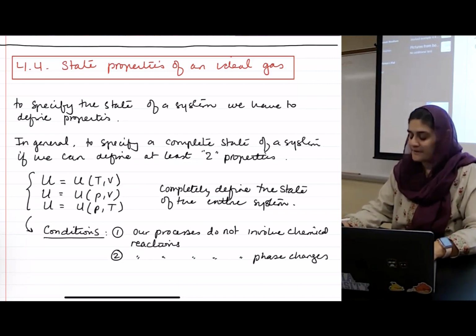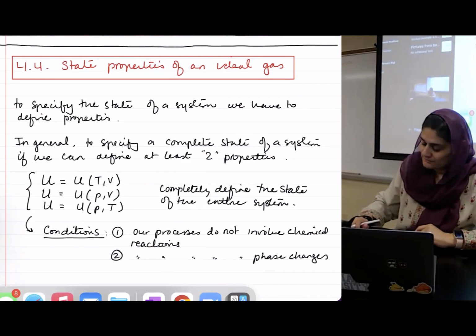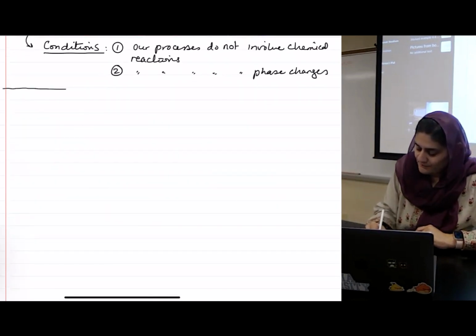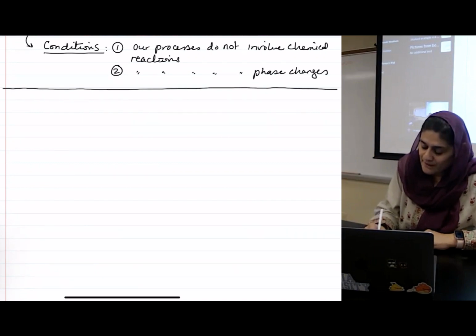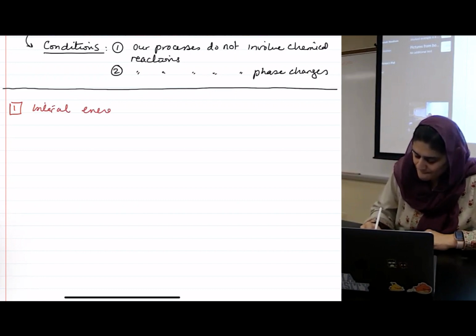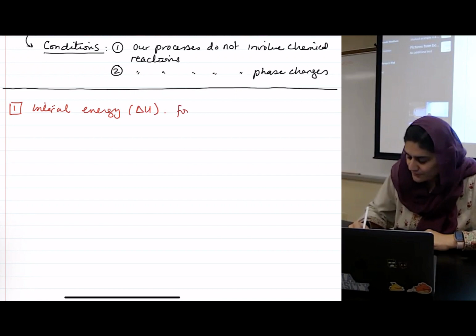So there are a couple of things we're going to do. Number one, I'm going to define for you internal energy, delta U, for ideal gas.